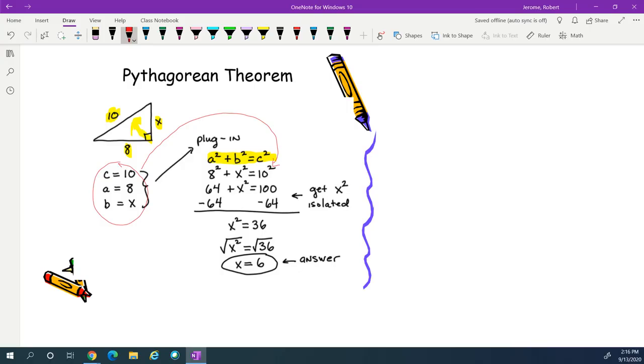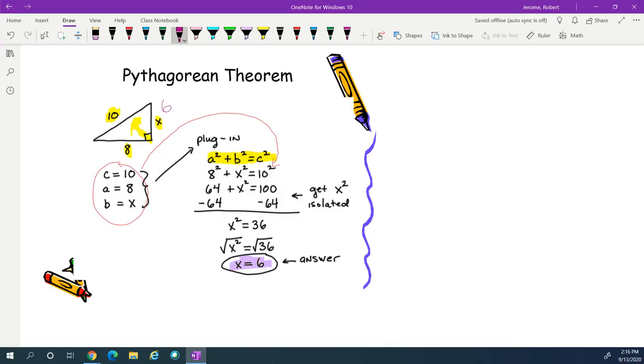You can see as we work out our math, our final answer here is that missing side, whether we call it x or we call it b, its value is 6. Let me make that a little bit neater there. So again, we can call it b because that's in the formula.